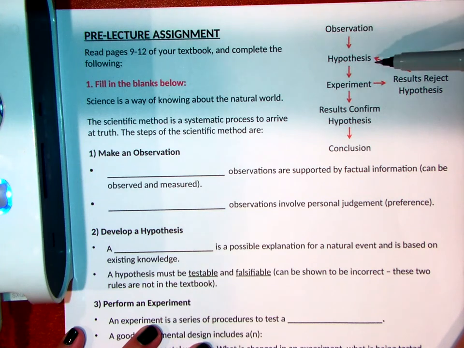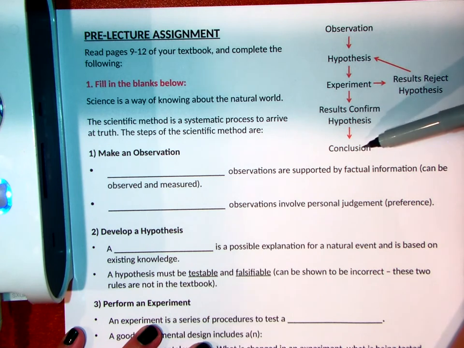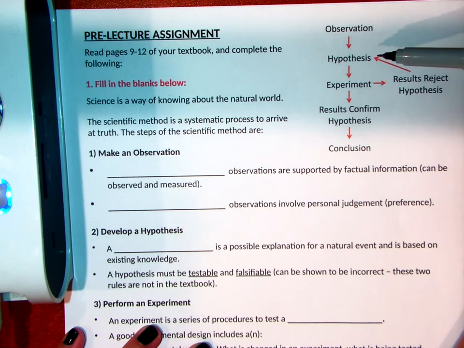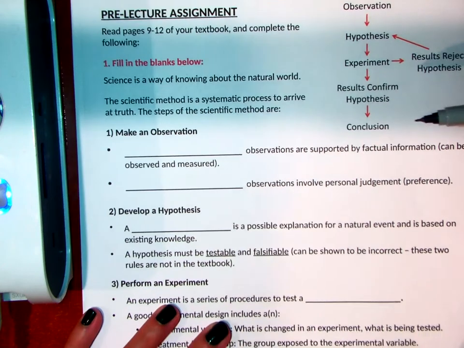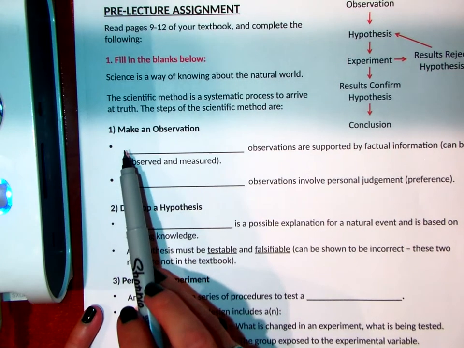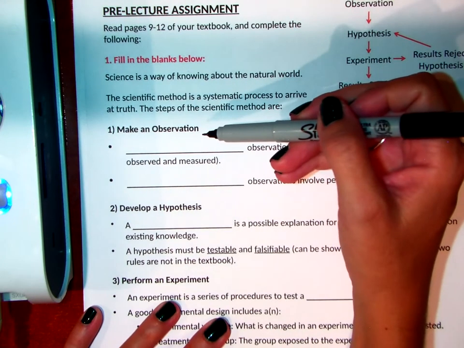And from there, we form a hypothesis. And we use experimentation to test that hypothesis, and that hypothesis is either confirmed or it's rejected. So if it's confirmed, we can go ahead and form a conclusion. If it's rejected, we have to go back and form a new hypothesis, retest it, and keep going until we can confirm our hypothesis. So for filling in these blanks, number 1, make an observation.